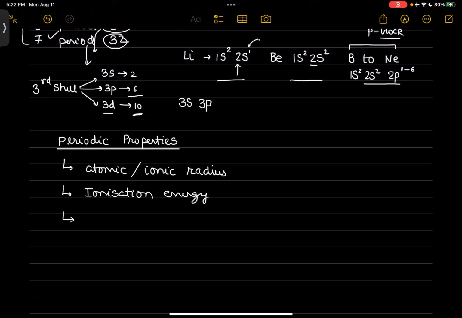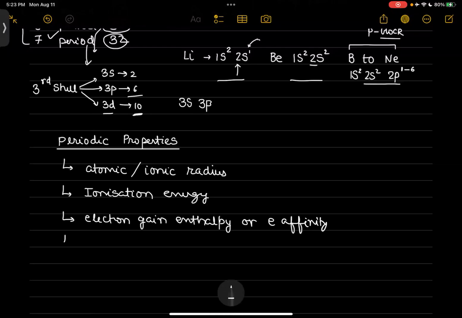Then you have electron gain enthalpy, or electron affinity, and electronegativity. Okay.